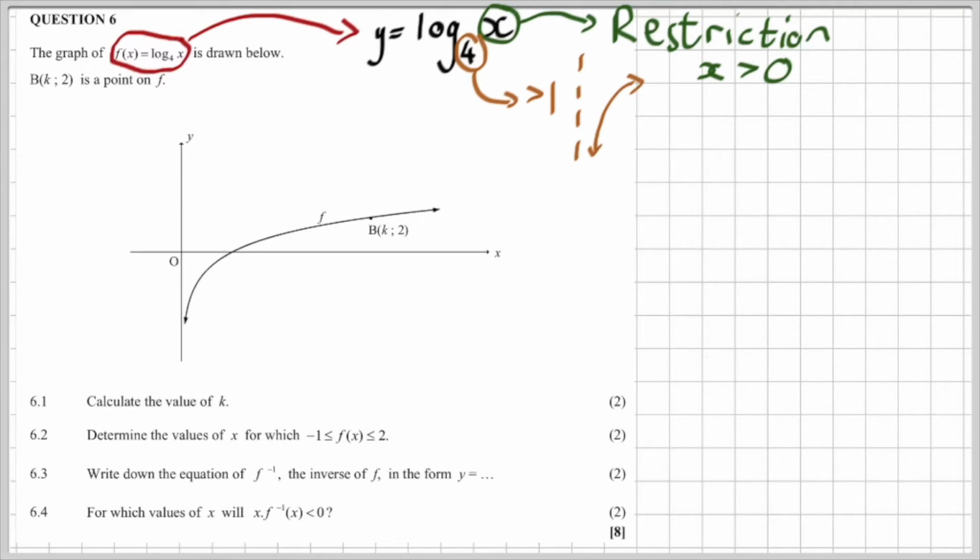If the base is bigger than 1, now it's an interesting thing. As y goes from lowest to highest, my graph goes away from the asymptote, okay? So as y goes from lowest to highest, your graph goes away from your asymptote.